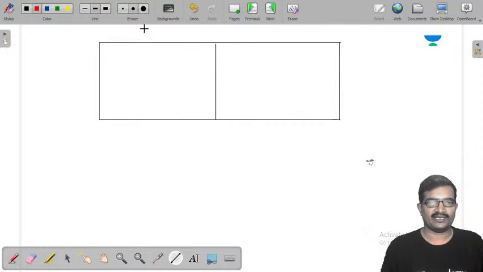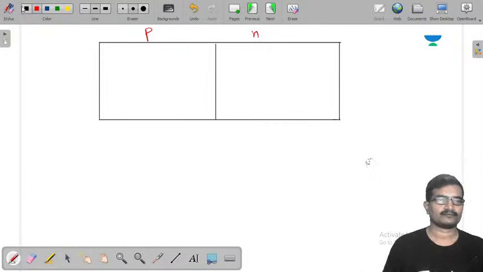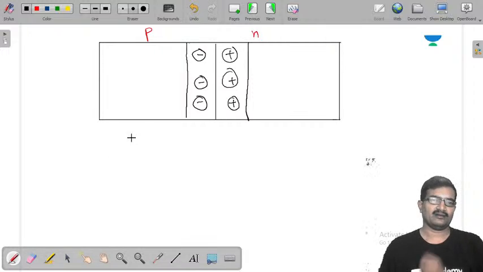And this is the P region, and this is the N region. So this is the depletion region that has taken place here. Here you have negative immobile ions, here net positive immobile ions, and this is as usual the original case.